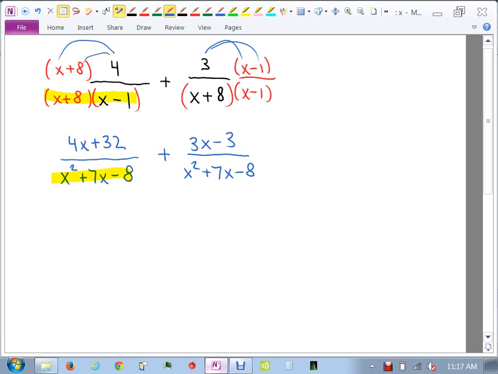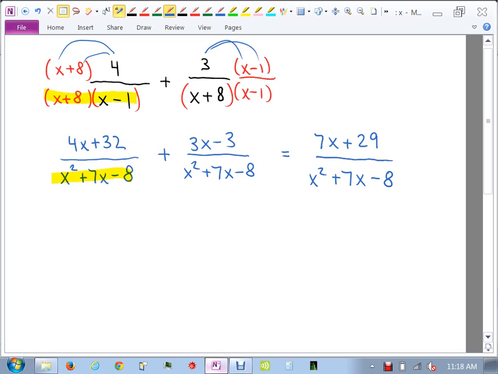And now you can put them together. So you just add up the numerators. 4x plus 32 plus 3x minus 3 would give us what? 7x plus 29 over x squared plus 7x minus 8. Right?